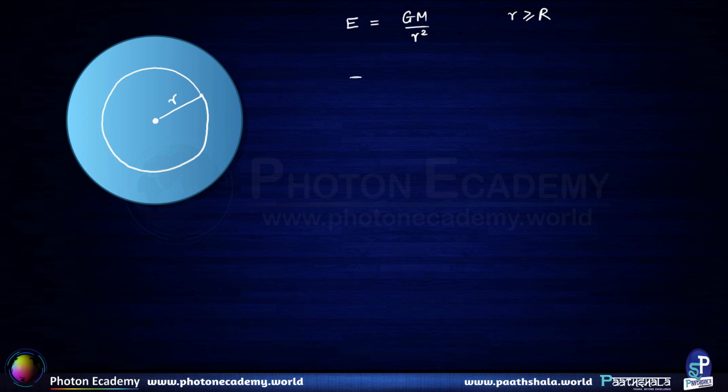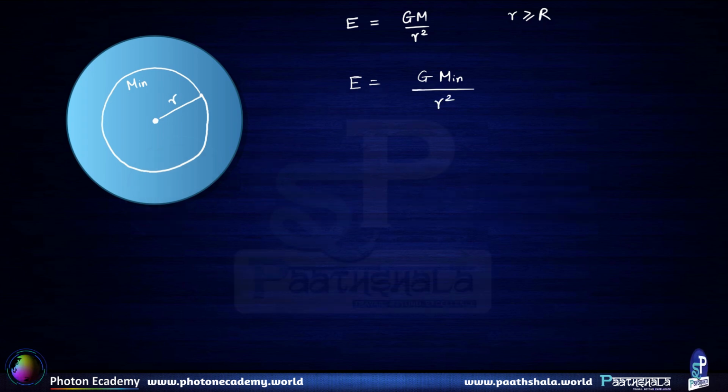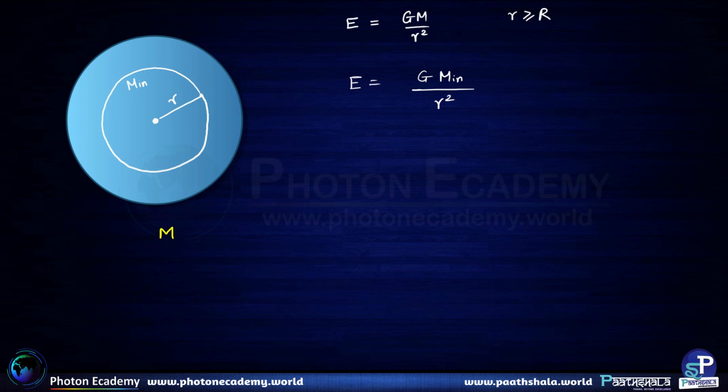So acceleration due to gravity E will be given by the usual formula as G into the mass of the inner sphere, M_in, upon r square. Now mass is equal to density into volume. It's proportional to volume when density is constant, and we are assuming the density to be constant over here.